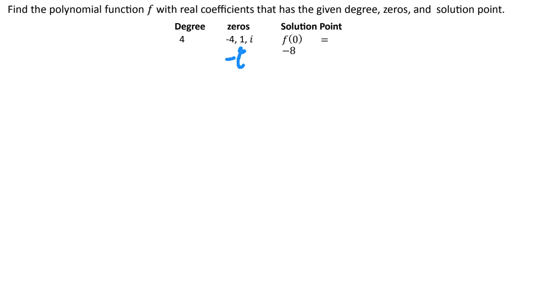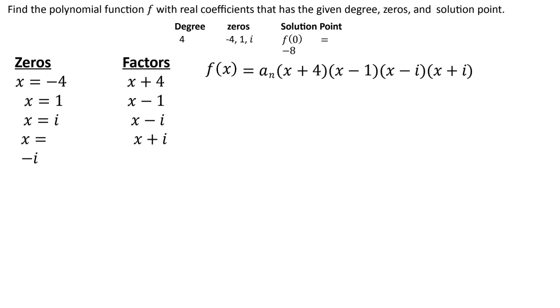And then they are also giving me something new, which is a solution point, and we're going to use that to find that a sub n that I had before. Okay. So first I'm going to list my zeros, which they are right here. Again, x equals negative i, because I need to write down the complex conjugate of i.